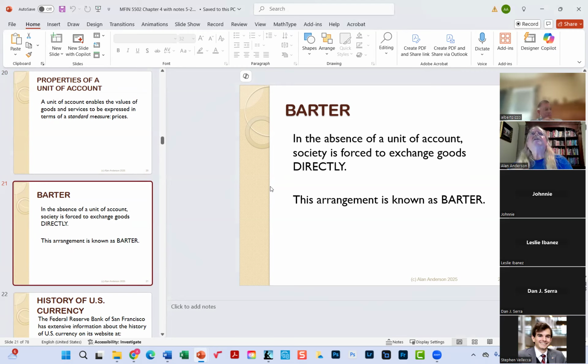But of course, paper money requires everyone to have confidence that it has some kind of value. You don't have to worry about that with gold and silver. Everyone sees, oh yeah, it's gold and silver. I can always spend these. So paper money depends on confidence. But if it gets to the point where it's convenient for everyone to use it, then you start to see it being used. And so a lot of the evolution of money comes down to just convenience.